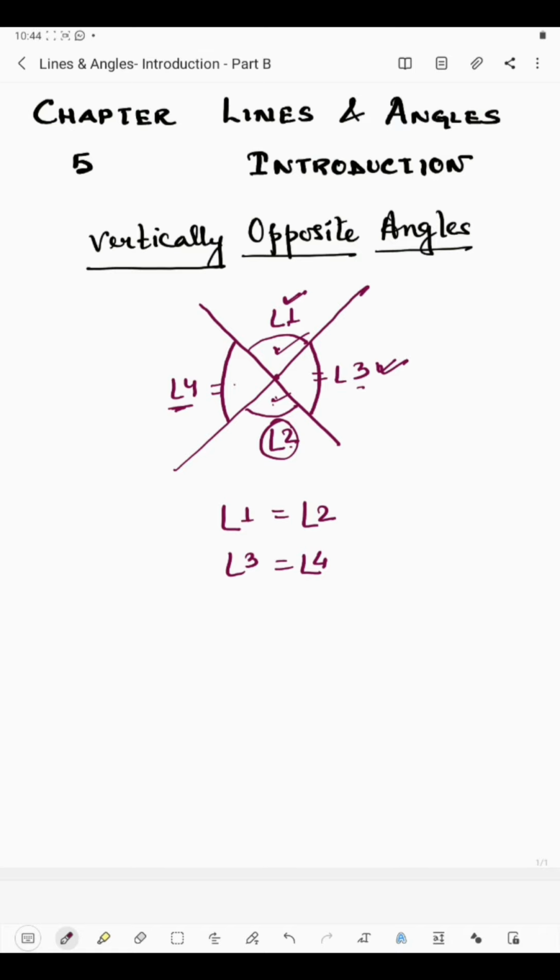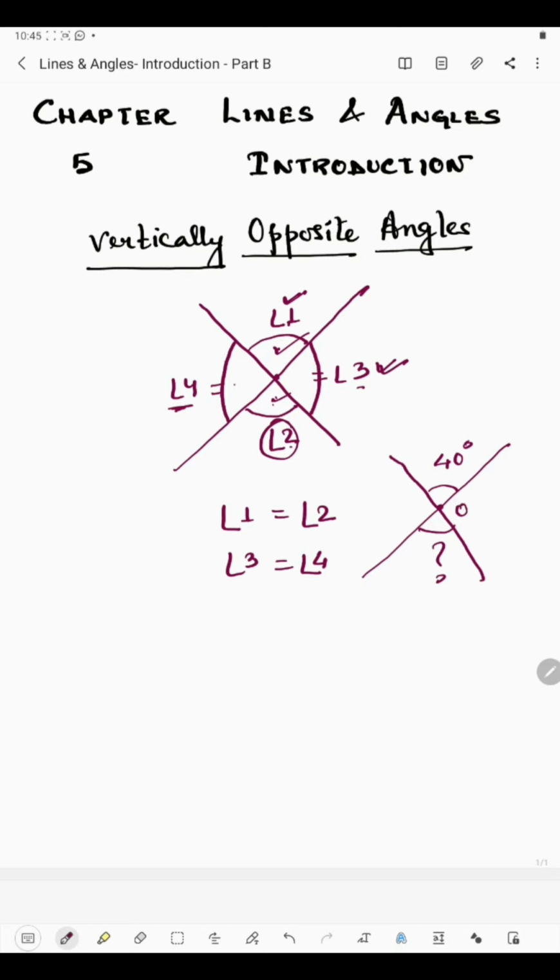Now suppose this is given, and here it is given that 40 degrees. You have to find this. So what will this be? As we can see, these two are intersecting lines because they intersect at this point.